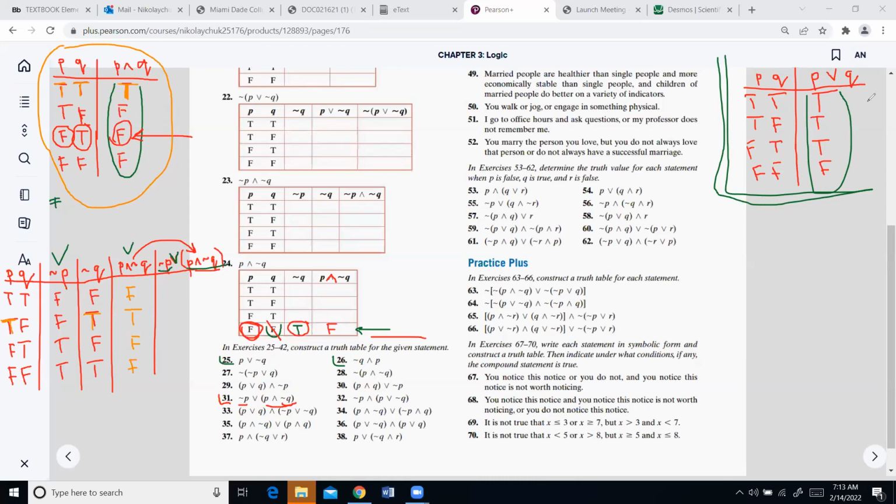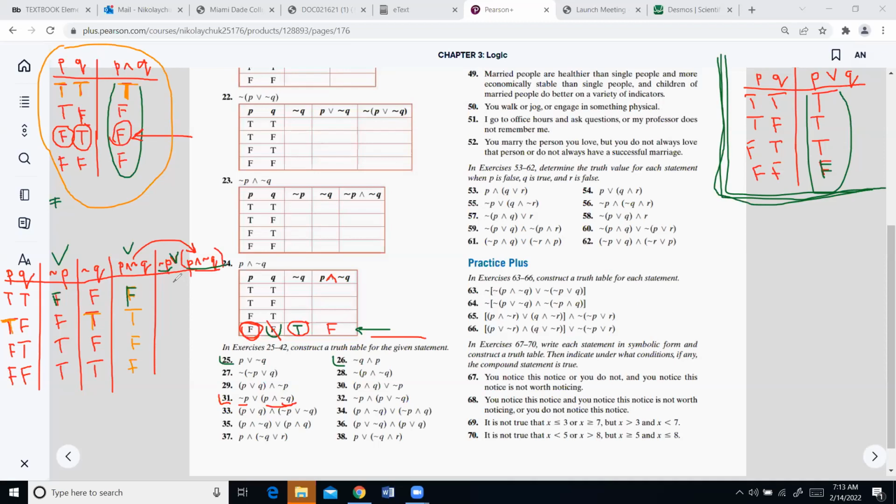We no longer deal with and because we're finishing up with the final step with this or, right? So I'm looking at the definition of P or Q. I notice there is only one false here when both of them are false, right? Both of them are false. So it looks like false and false will be the very first entry.